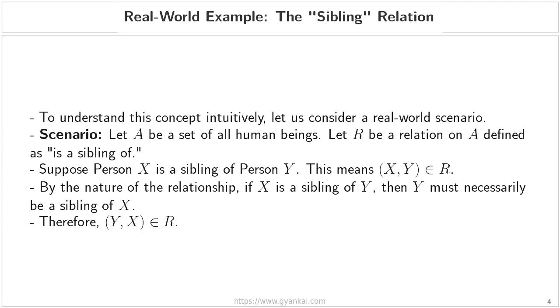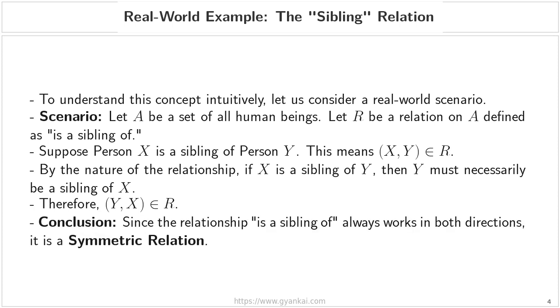Therefore, the reversed pair (y, x) must also belong to the relation R. In conclusion, because the relationship "is a sibling of" always works in both directions, acting as that mirror image we mentioned earlier, it is a symmetric relation. This provides us with a clear conceptual foundation before we move on to verify symmetry using a purely mathematical set in the next slide. Mathematical example.